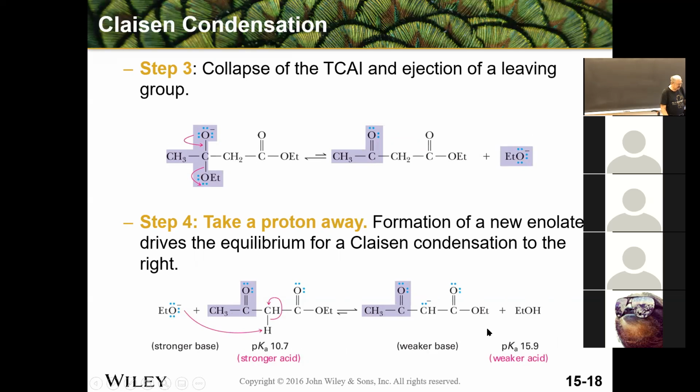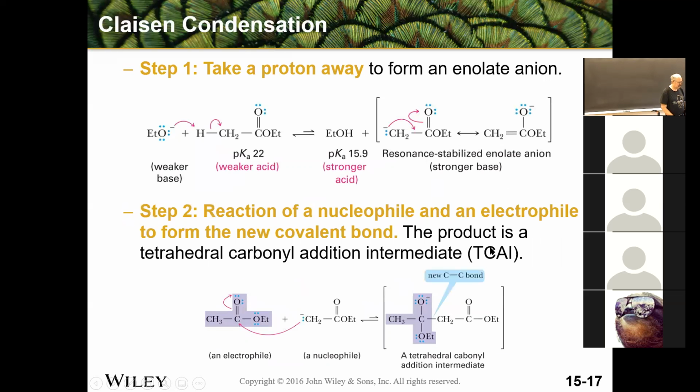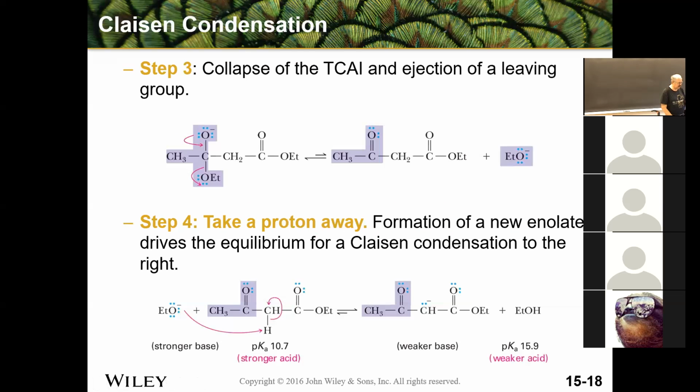And this one is favorable because you're producing a weaker acid, namely ethanol. Then for the 5th step, we add dilute acid, and we get our final product. None of these steps have a favorable equilibrium until we get to step 4.